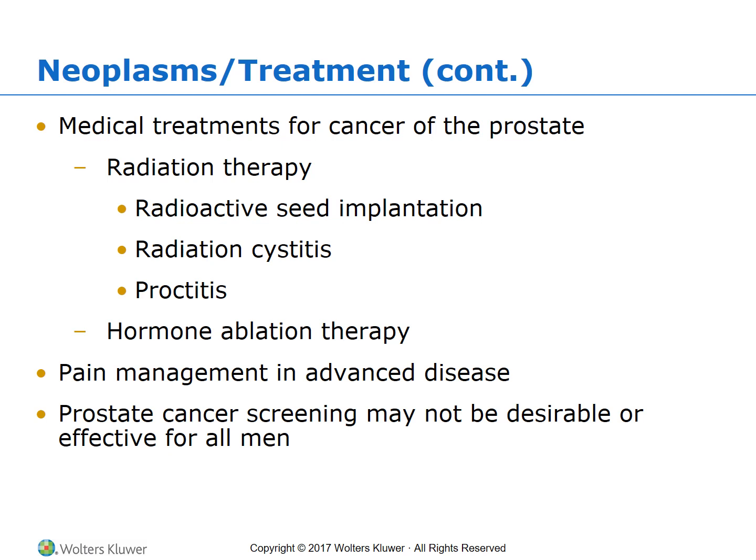You want to use a low residue diet and antidiarrheal medications. They may experience urethral stricture, but you want to educate them regarding signs of urinary elimination to monitor their I's and O's.